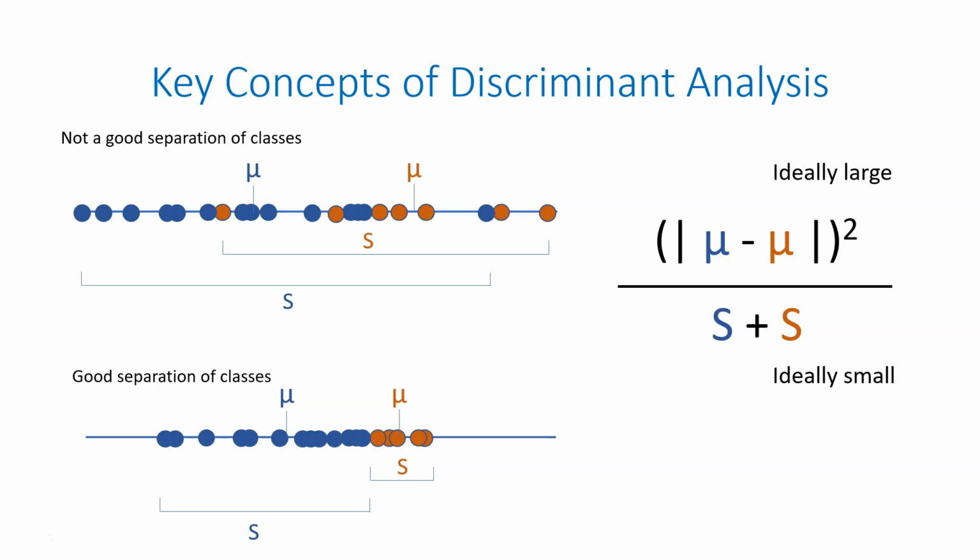where the means of the classes are quite far away, which offers good between-class variation. But the scatters of the classes are also quite large, which does not offer small within-class variation.